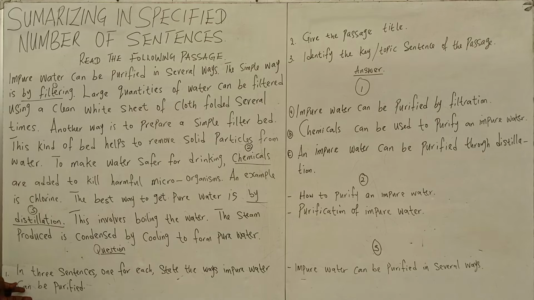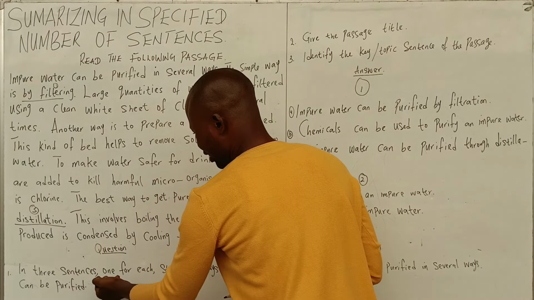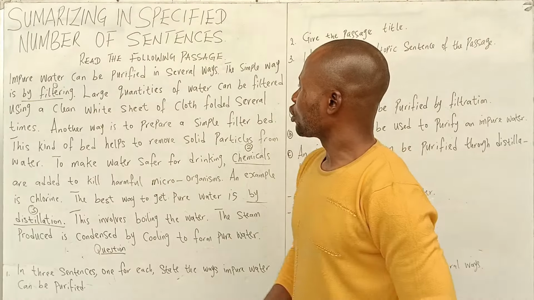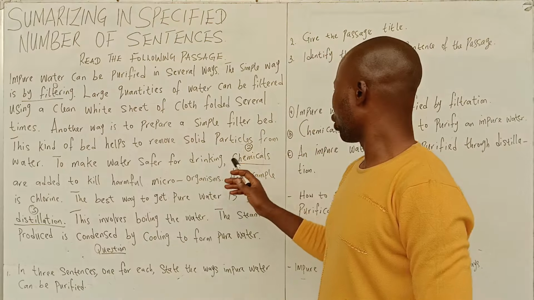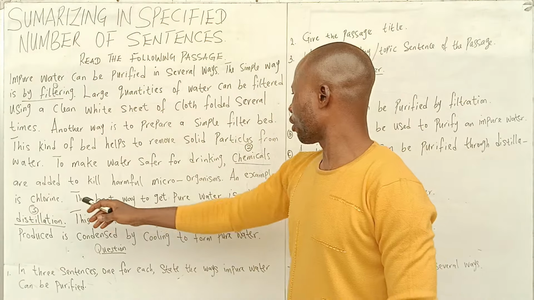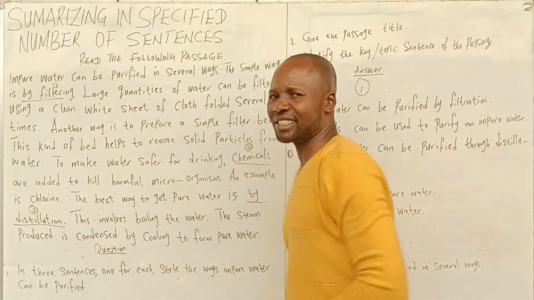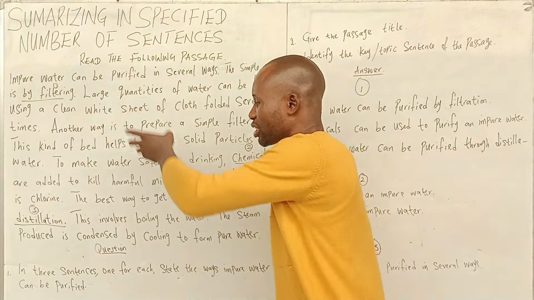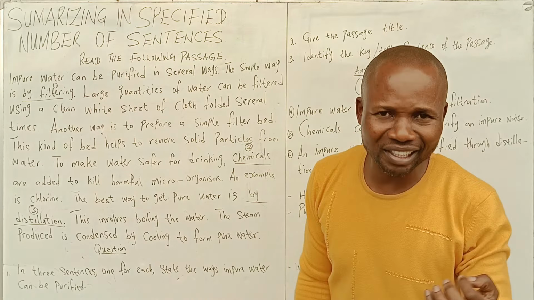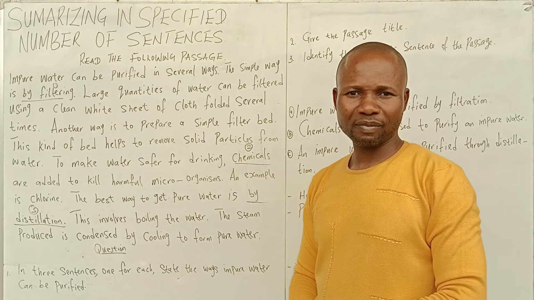They said in 3 sentences. So number 1 is by filtering, number 2 by adding chemical, number 3 by distillation. So I'm going to turn these three things, or these 3 points, into sentences.